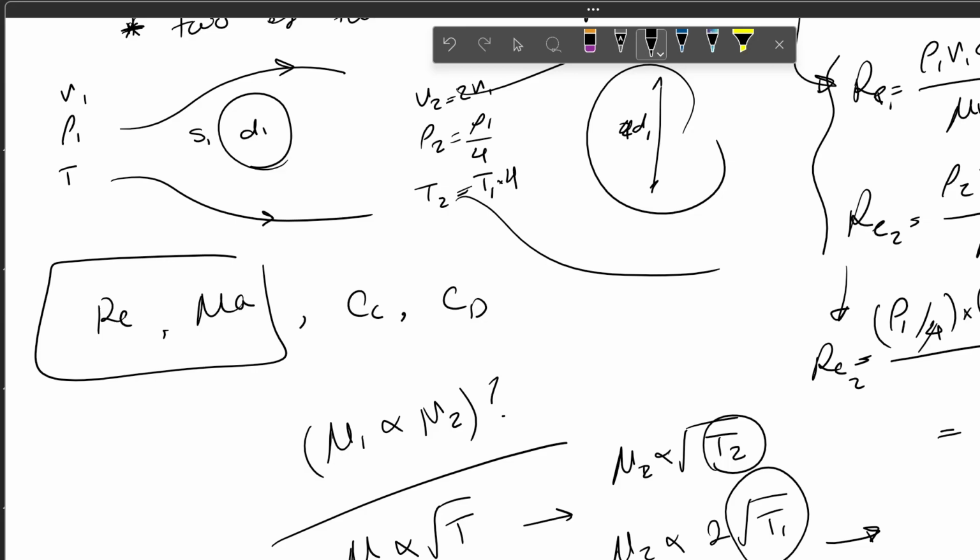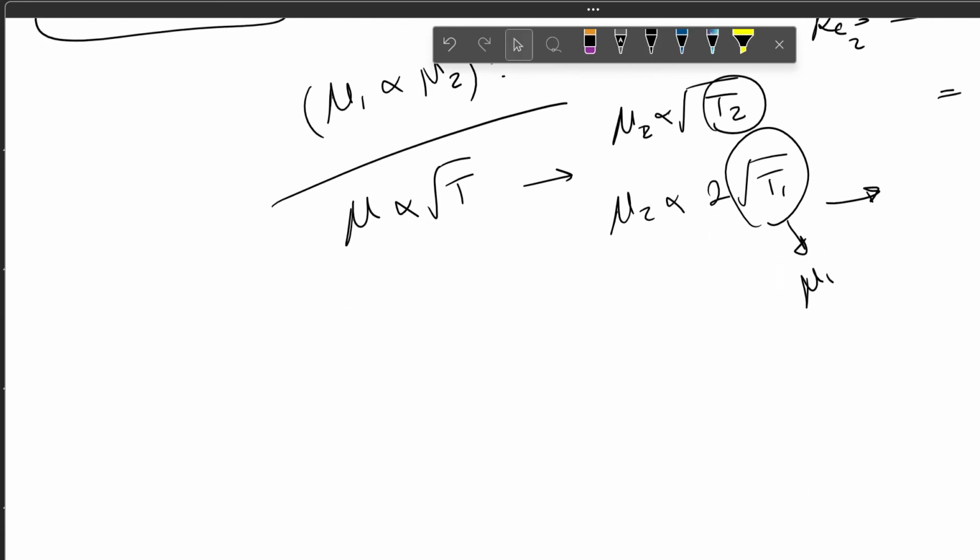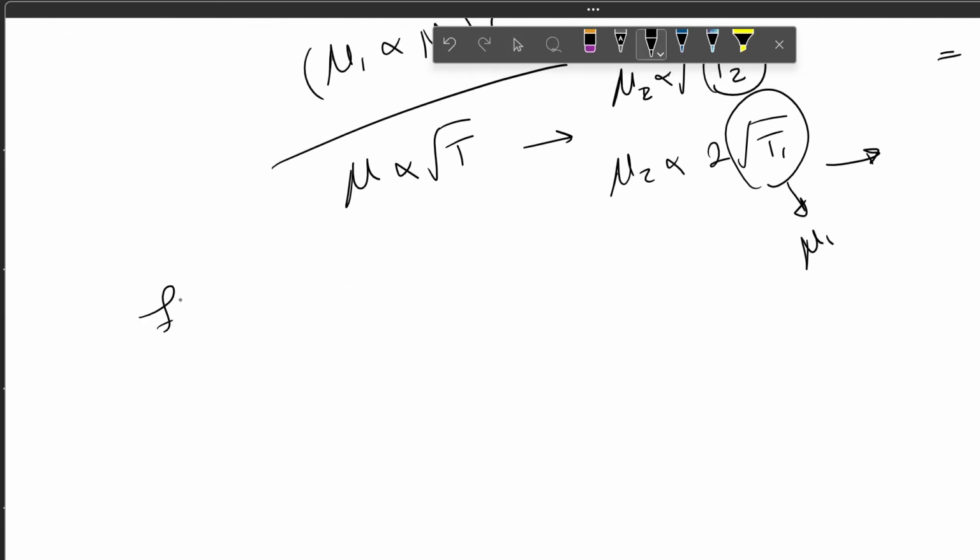So we have proven that the Reynolds number of the second flow is equal to the Reynolds number of the first flow. Since they are geometrically similar and the Reynolds numbers are the same, we can just say the flows are dynamically similar.